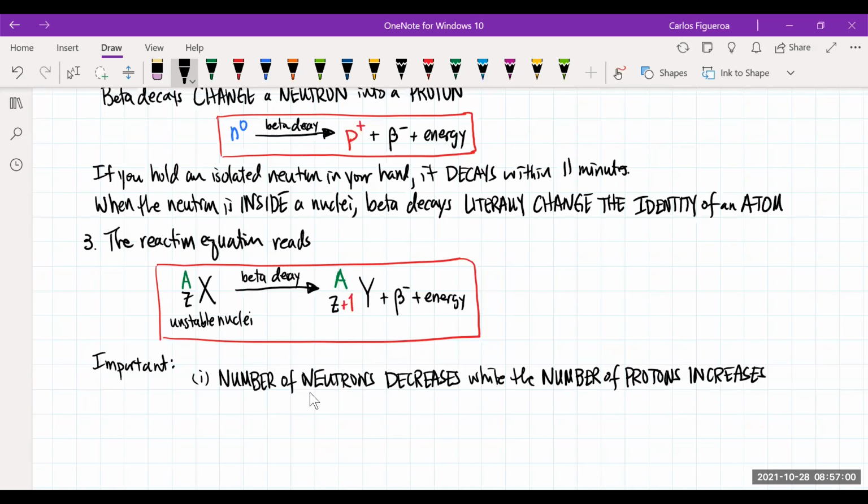So protons increase, neutrons decrease. What this tells us is that the atomic mass does not change.